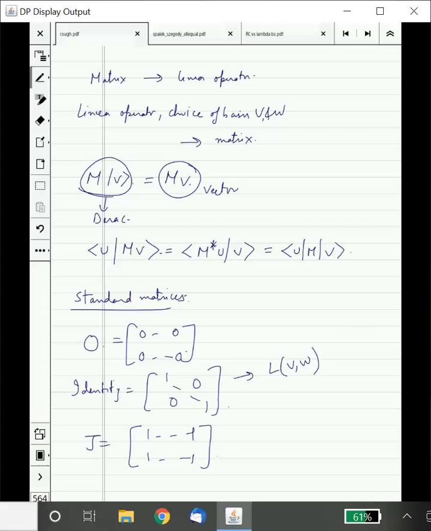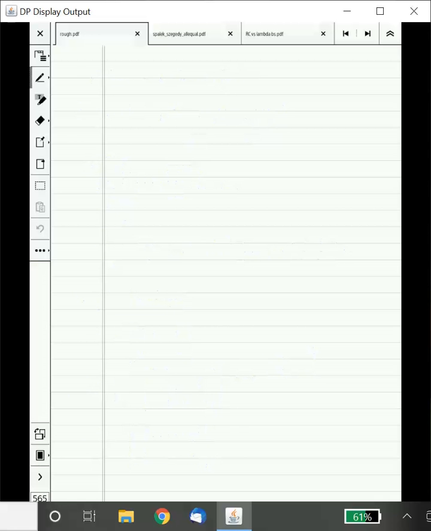Once you have looked at matrices, you must already be familiar with kernel, image, and rank. They are given in notes also. I will briefly describe them. Remember, kernel of a matrix M or a linear operator M is the set of vectors V such that MV is 0.